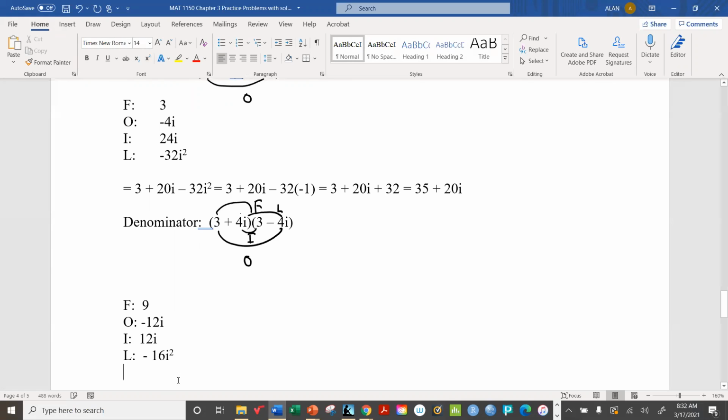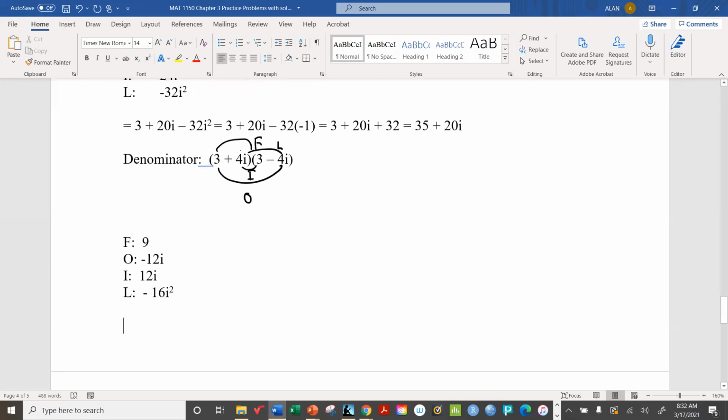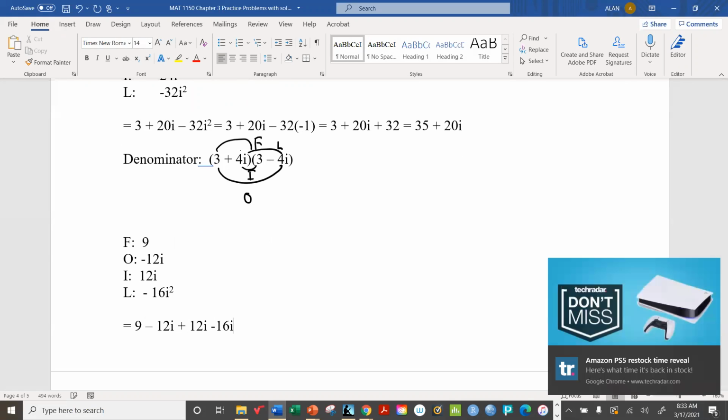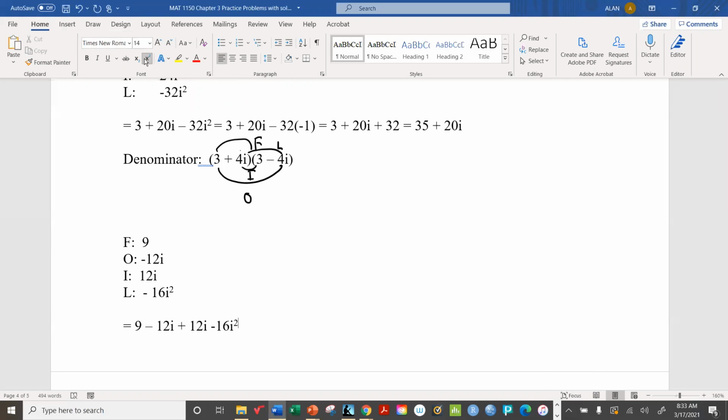All right, so when we bring these together, we have 9 minus 12i plus 12i minus 16i squared. And of course, i squared reduces to -1.